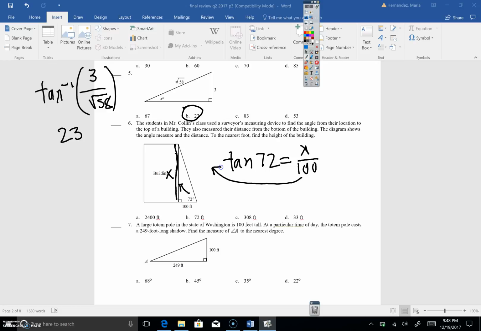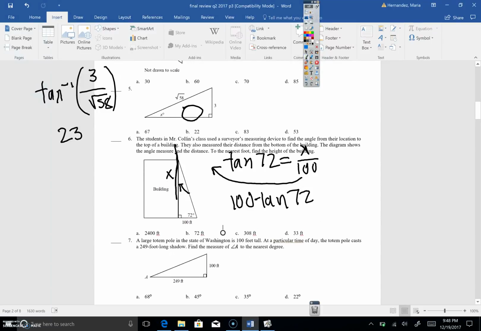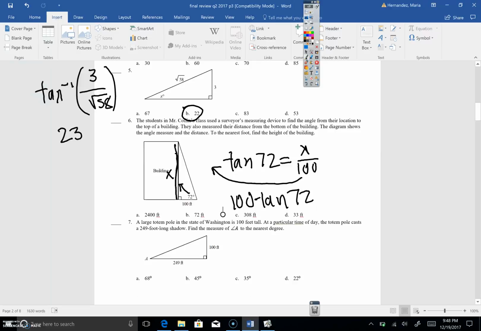We move this over here, so 100 tangent 72. If we do that, we get 308. Anyway, it's 308.